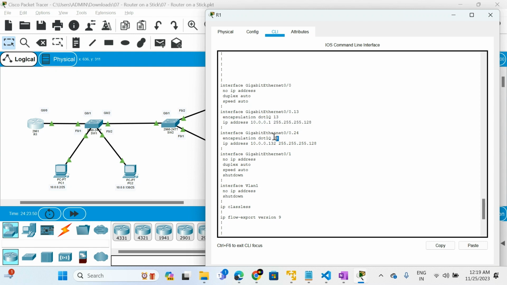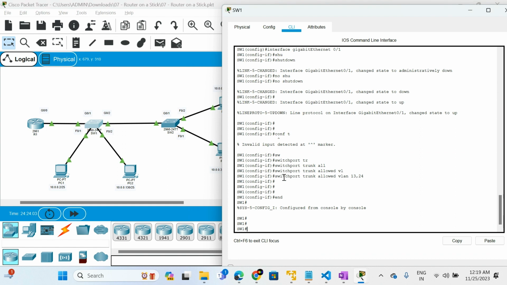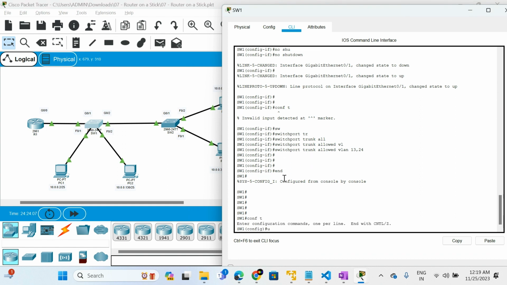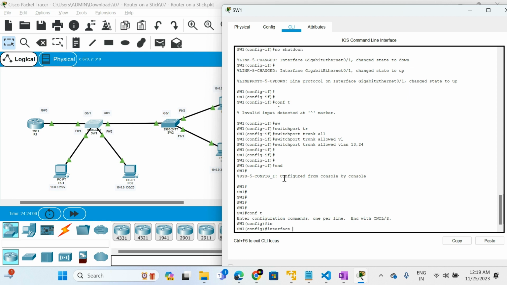Whichever packet goes out of this, it will put the tag and send it. Since we are allowing both VLANs, in this case you can restrict as per the requirement.